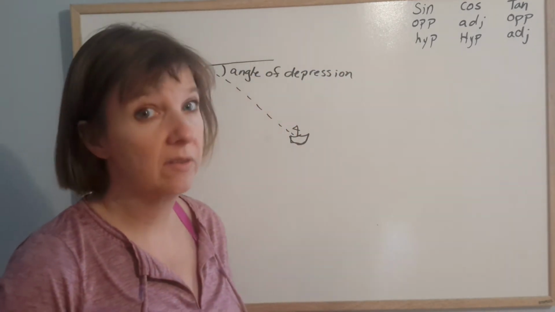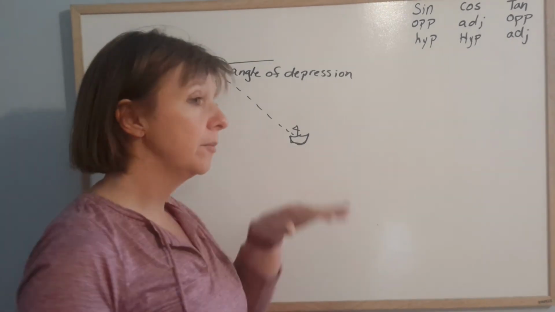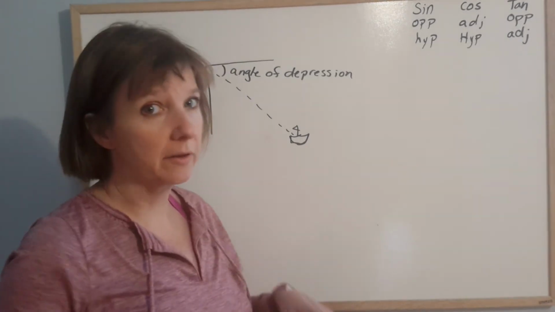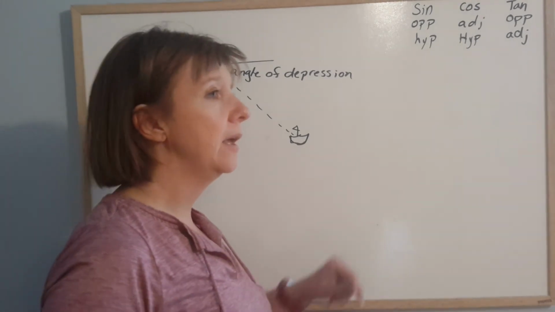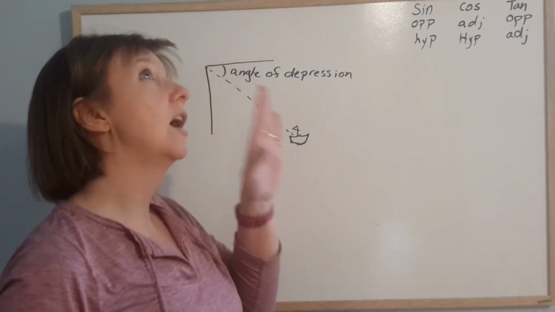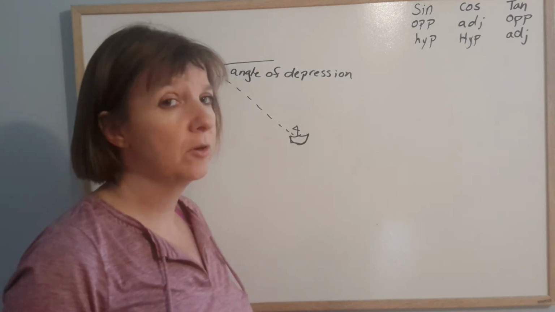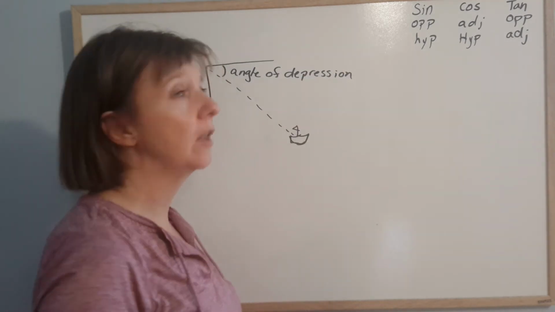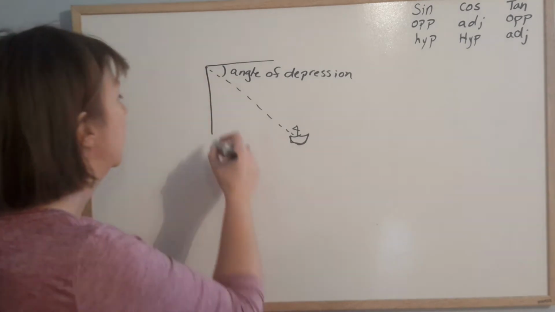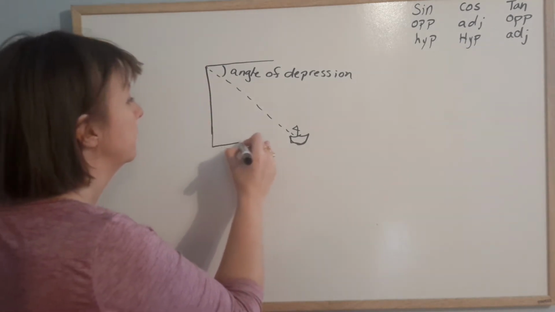Angle of elevation is exactly the opposite. If I'm standing somewhere, it could be a cliff, could be anywhere, it could be this little dude on the boat, I don't know. If I'm standing somewhere and I look up, the difference between looking straight and looking up, that is called your angle of elevation. So let's reverse that. Let's talk about the guy in the boat.